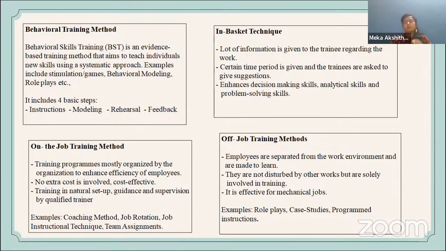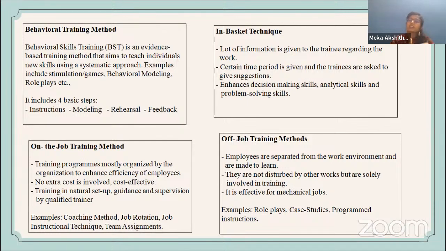Then comes behavioral modeling. In behavioral modeling, the employees would be shown some behavior from the many incidents in an organization, such as taking up projects or conducting a fest. They would ask the employees to look at the behavior of another individual, how he or she is behaving in that situation.